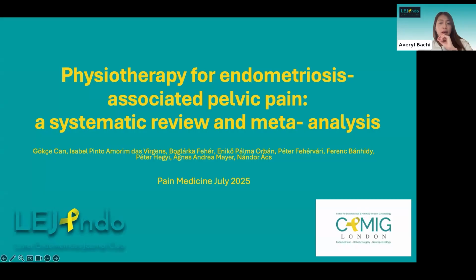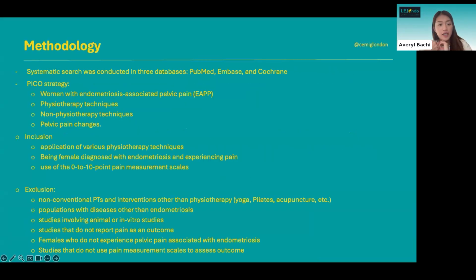Yep. So, my paper is a study done by a team from Hungary and published in Pain Medicine last month. And this was a systematic review used to evaluate the efficacy of various physical therapies in alleviating endometriosis-related pain. Next slide. So, the team used the PICO strategy.